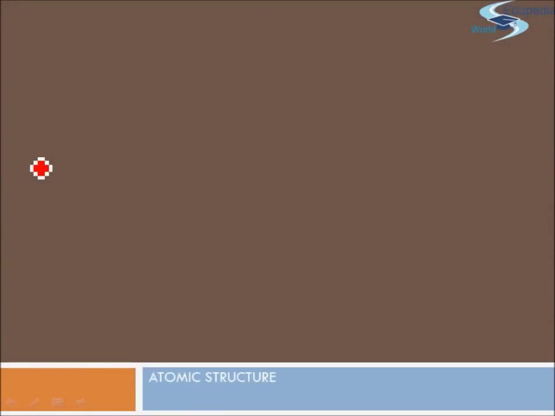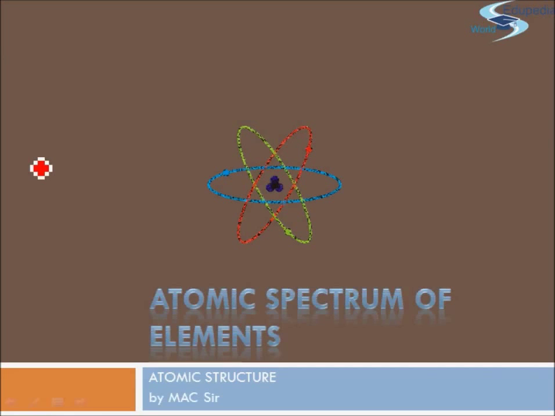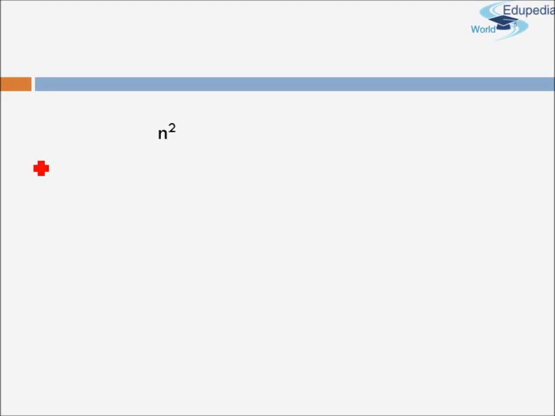In this session of atomic structure, we'll start with the analysis of atomic spectrum of elements. So we'll understand what we mean by this term and how we can decipher the atomic spectrum of different elements. Basically, atomic spectrum is a result of the difference in energies of the orbits of an atom.